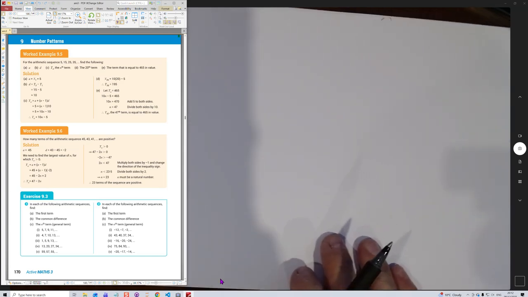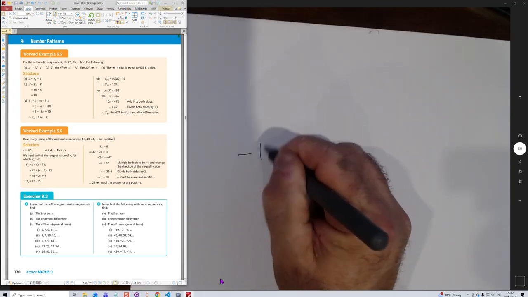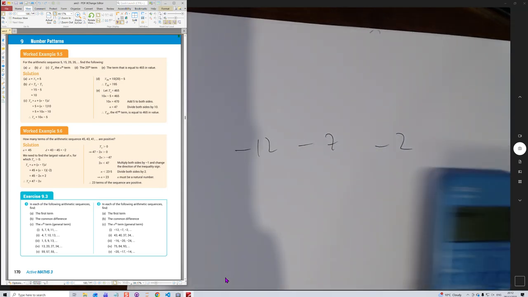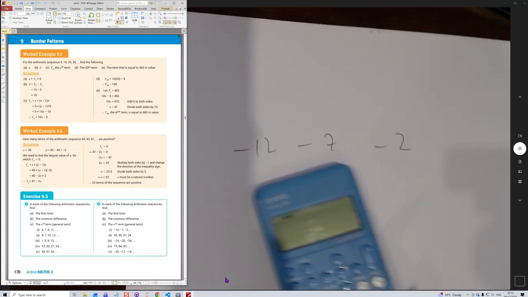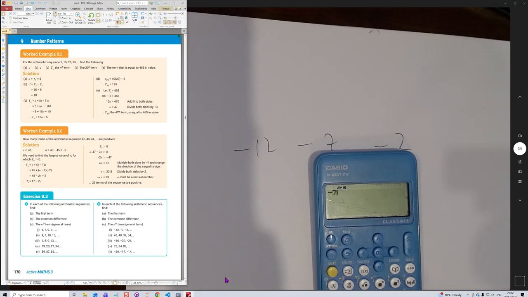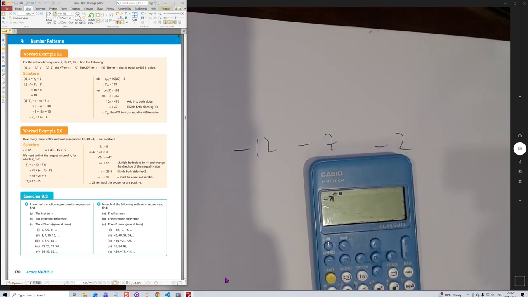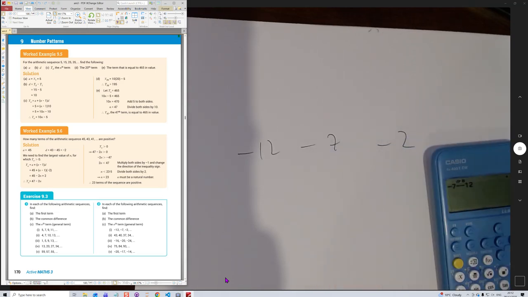Okay, just want to see if there's anything particularly challenging on the far side. The only thing is we're dealing with negative numbers, but it won't be a problem. Okay, so minus 12, minus 7, minus 2. But just in case we're getting a little bit mentally tired, we can just pass it all to the calculator. Minus 7, and if anyone ever told you can't do minus 1, it's just not true. Minus 12 equals negative 5.